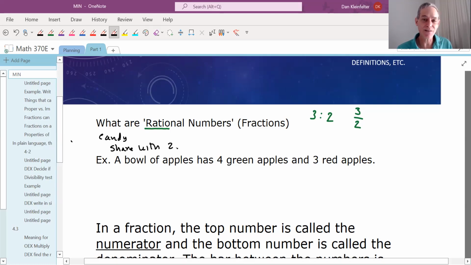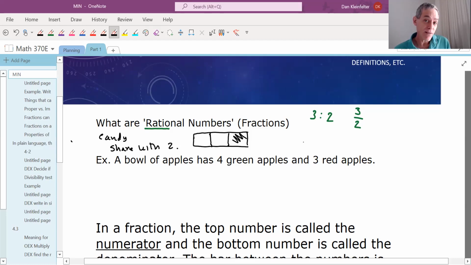Okay, so everybody is going to share the candy equally. And so how can that happen? There's only 1 candy bar and 3 of you. So if you think about how this would play out in real life, common sense, we would take the candy bar, divide it into 3 parts, all the same size, and then each person would get 1. All right, so that's an example of where we would need less than 1 of something.